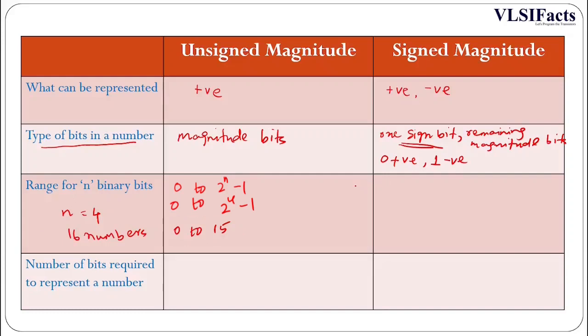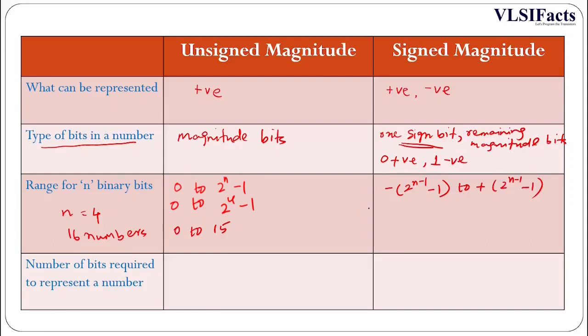Now in case of signed magnitude form, we can represent the range of numbers starting from minus (2 to the power n minus 1 minus 1) to plus (2 to the power n minus 1 minus 1).